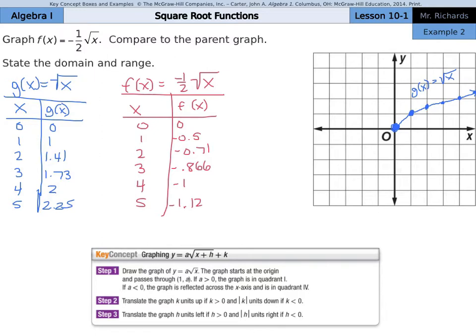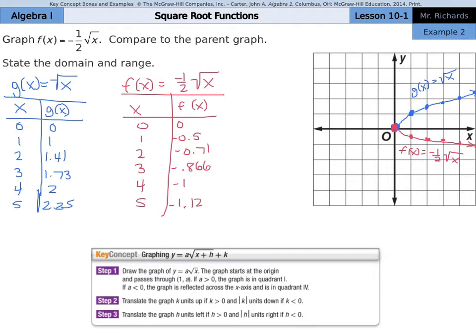We'll start with 0, 0, then 1, negative 1/2, 2, negative 0.71, 3, negative 0.86, 4, negative 1, and 5, negative 1.12. And so this will be our curve here, and that will be for our f of x equals negative 1/2 times the square root of x.